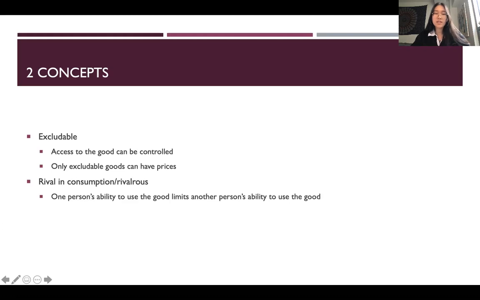Rival in consumption means that one person's ability to use a good limits another person's ability to use it. So, for example, if I eat an apple, nobody else will be able to eat that apple because I've already consumed it.